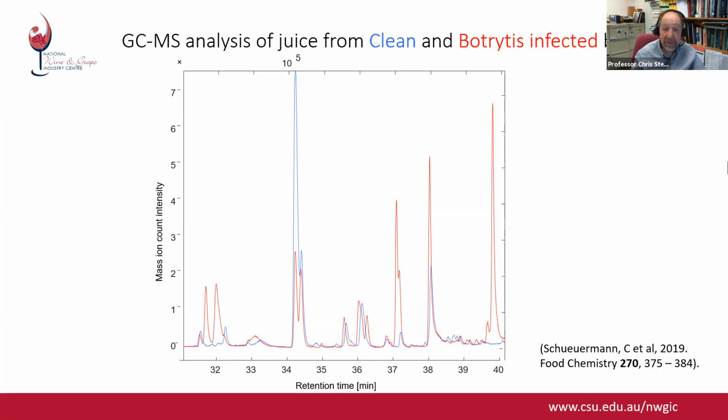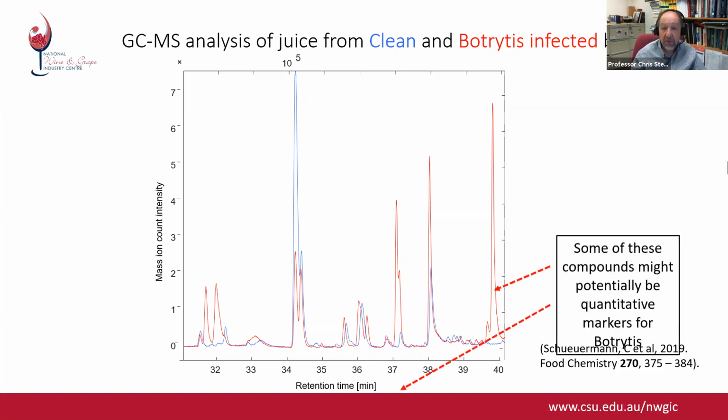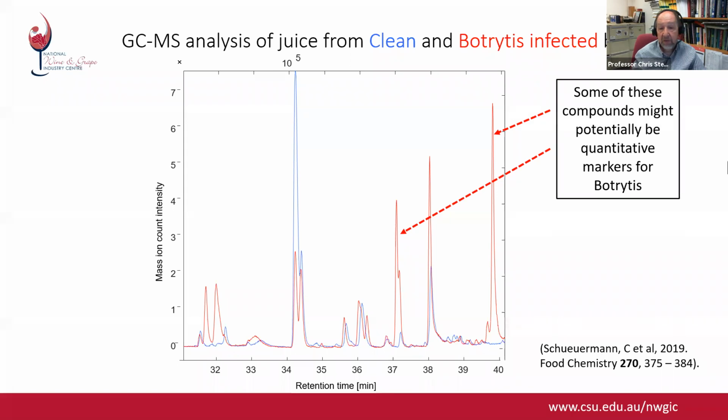We can see some peaks that are unique to the Botrytis infected berries. They're not present in the control material, and some of them aren't found when we have other bunch rot fungi, like Aspergillus, Penicillium, Rhizopus, and other things. So these compounds might potentially be quantitative markers for Botrytis. We measure the peak area, work out how much is there, then we can perhaps say how much Botrytis is present.